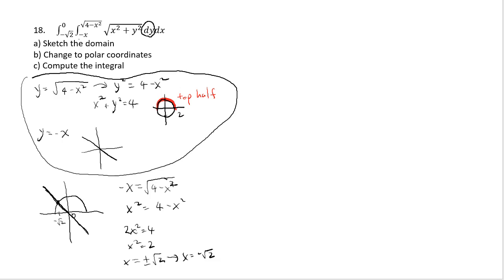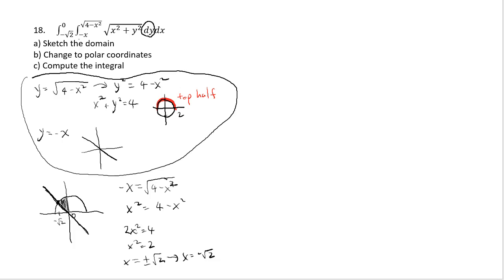Okay, and then inside these bounds, the minimum and maximum value of x is negative radical 2 to 0, and you go from the bottom to top. So you paint this region. Okay, so that's the region.